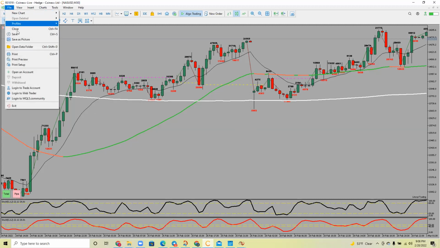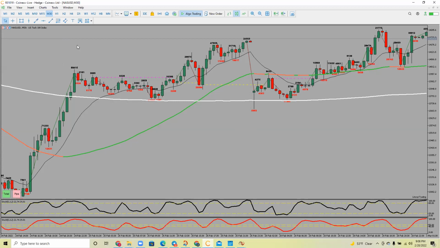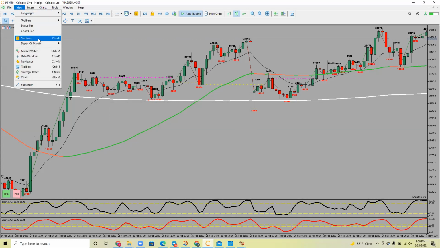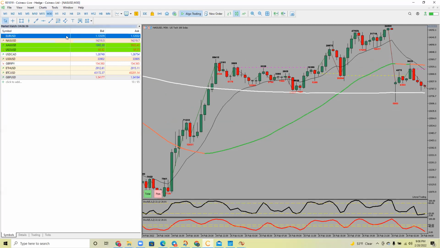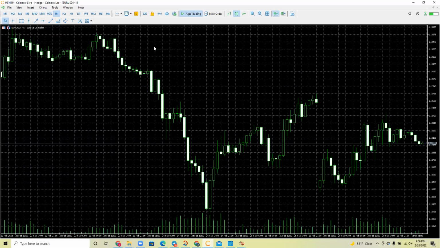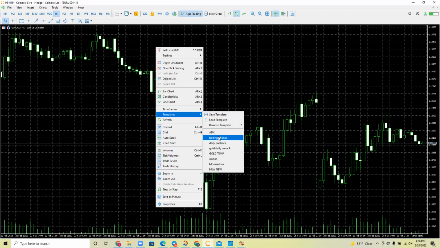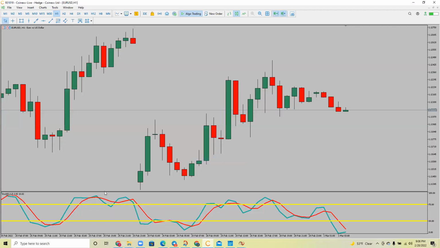I'm going to change this, let's go to our pair. Market watch. Let's get to our EU chart window. And I want to come to my template, and I want to put the J Moore. All right, perfect.